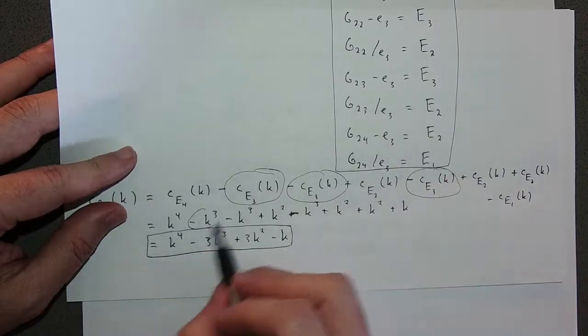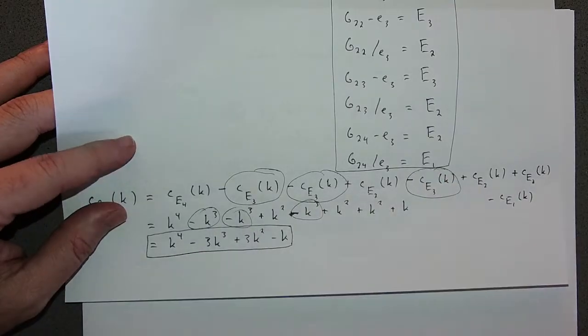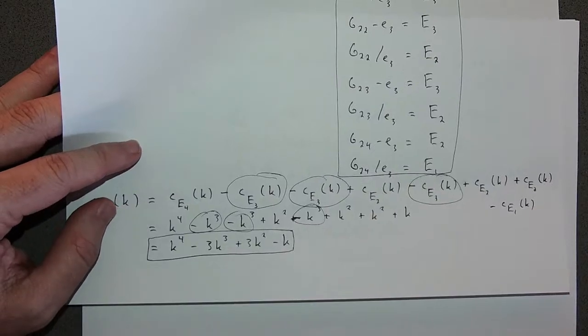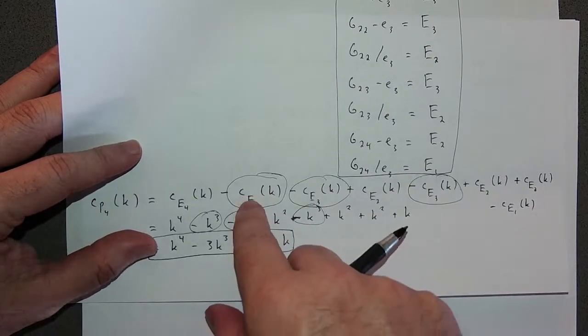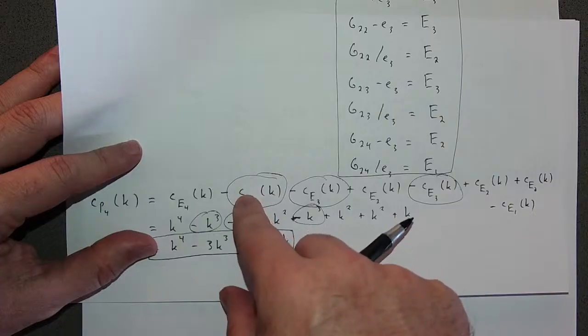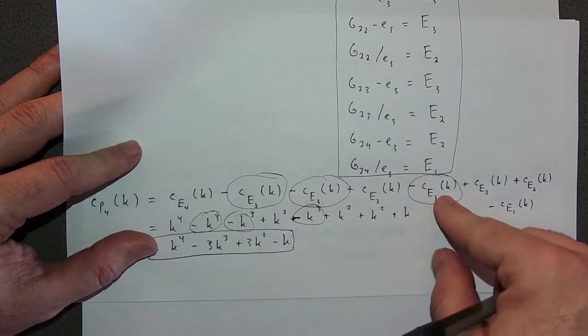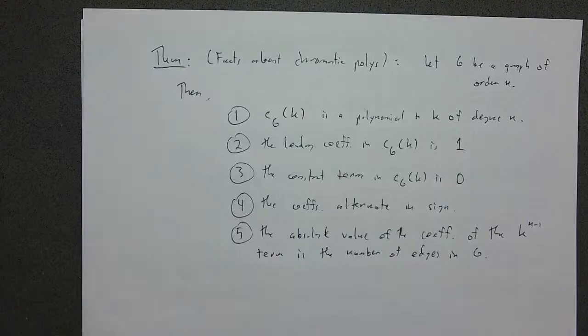Think about how these terms are enumerating the number of edges. Here you were deleting one edge. Here you were deleting another edge. Here you were deleting the last edge.